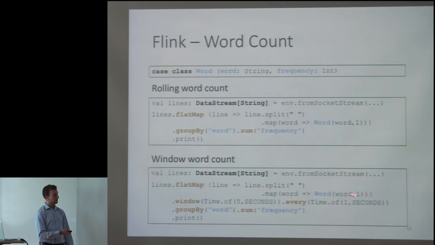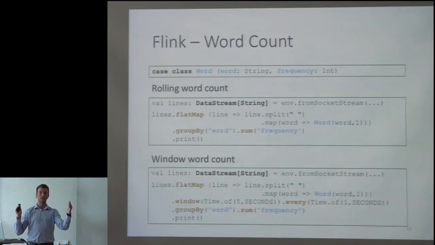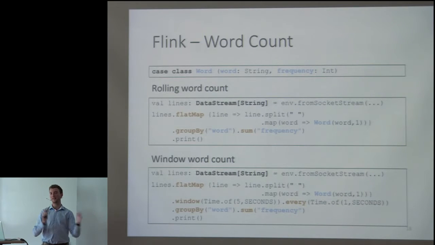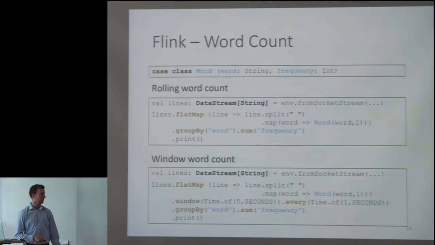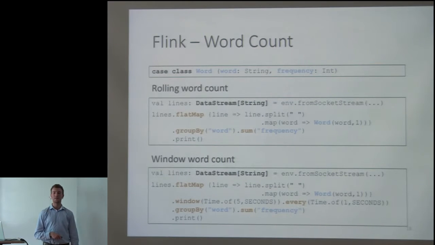Here, we append this line in the middle, which will create windows of size 5 seconds, which will be triggered every 1 second. So it's practically a sliding window of 5 seconds. And we will now execute the word count inside those windows.